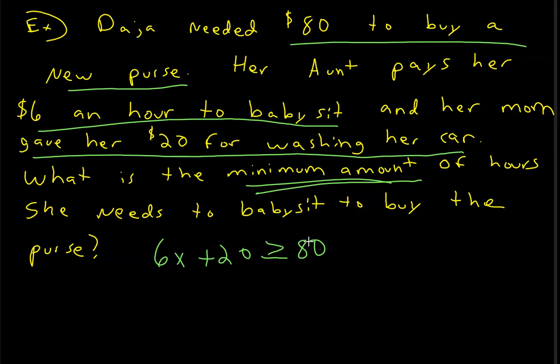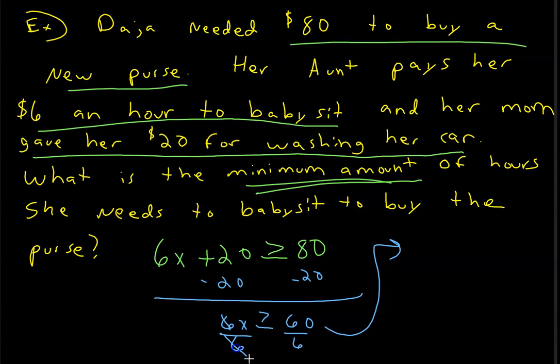So without looking at our chart, we can figure out that the symbol has to be greater than or equal to $80. And that's the inequality. Let's solve it. So to begin, I subtract 20. So 6x is greater than or equal to 60. You can divide by 6.